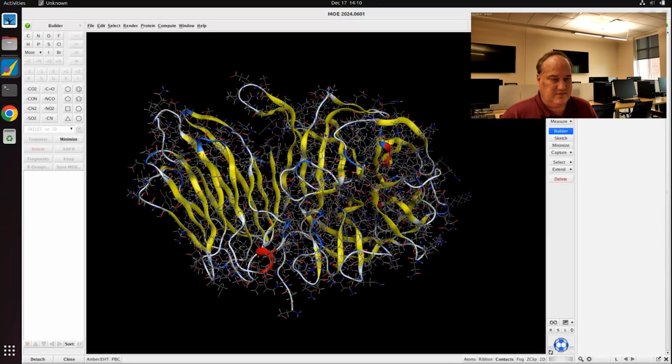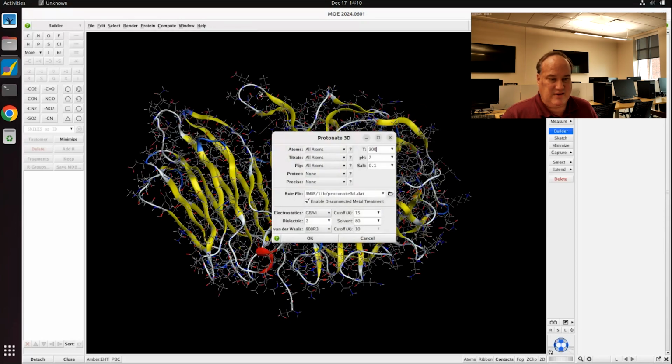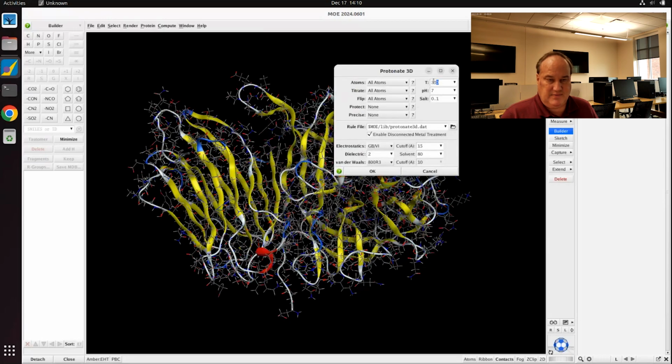So to fix the side chain based on pH, we need to run Protonate 3D. And so this considers physiological conditions. And so I'm going to use a temperature of 310 Kelvin, pH of 7, and 0.15 salt concentration.